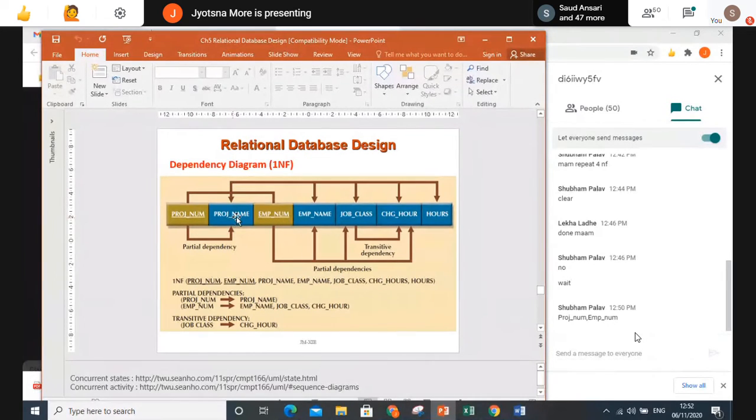They are determining employee name, job class, charging hours, comma, project name. So all of you write down project number, comma, employee number, arrow, that is determines. Write down everything which is there in blue, separated with commas, because the arrow is pointed towards them, right?